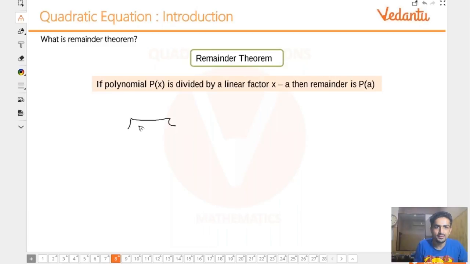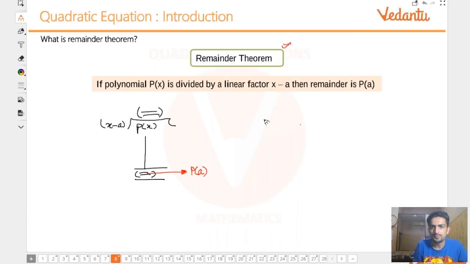It says if there is a polynomial p of x and you are dividing this polynomial by x minus a, then certainly you will get something as quotient and finally something as remainder. Okay, some quotient will be there, some remainder will be there. This theorem says this remainder will surely be p of a.